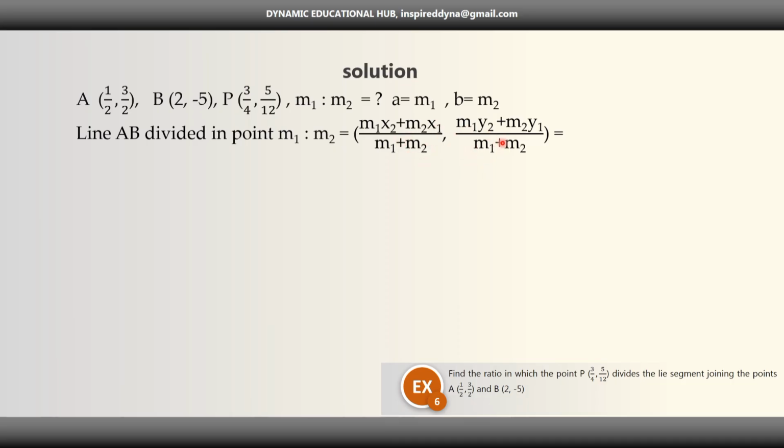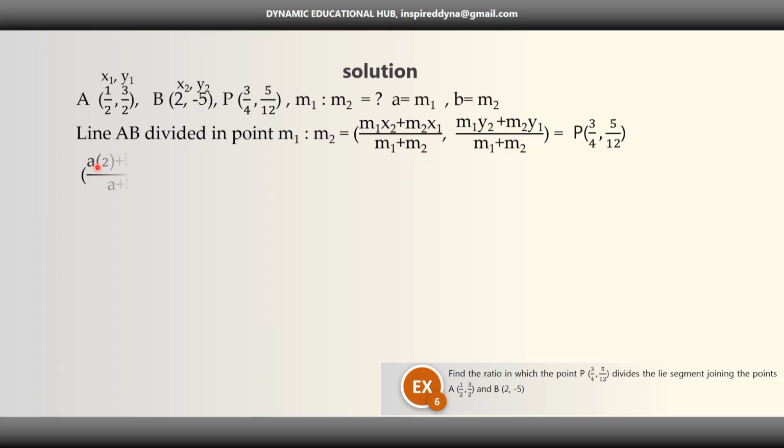Remember this formula. So let's insert what you are given in this question inside this formula. Whatever expression you get, it is going to correspond to P, which is 3 over 4, 5 over 12. So instead of using M1, M2, we'll stick with A being M1, B being M2.